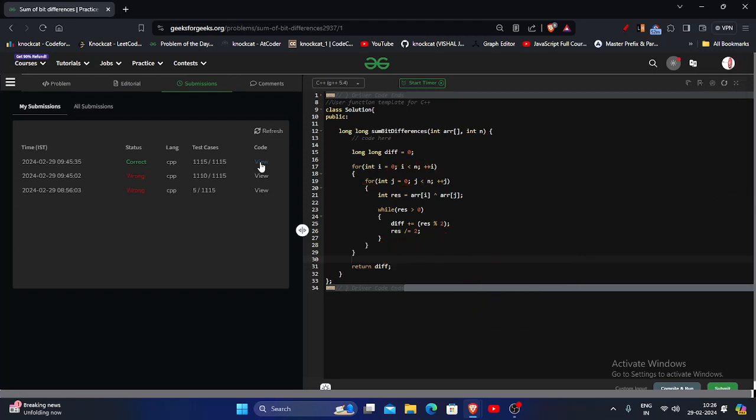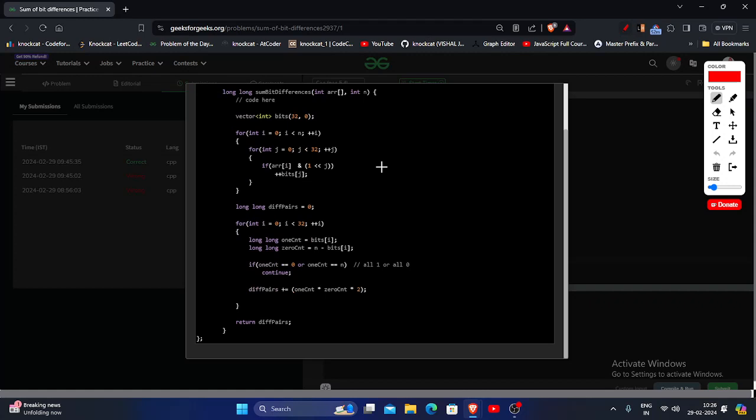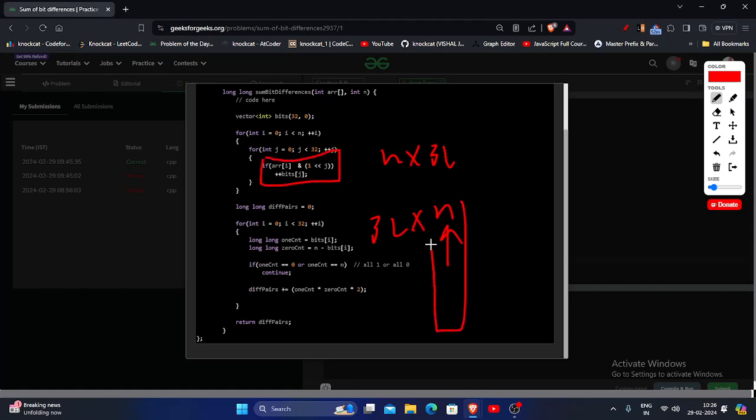I think this makes sense to you. N cross 32 and 32 cross n. If I do 32 cross n, then using this syntax, I can check all at once the number of set bits. I can just keep a count variable, let's say set bit, and if the bit is set for this index, I will increase the count.